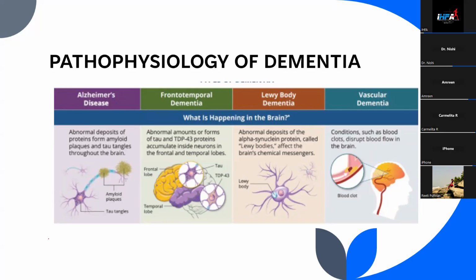So, as you can see in this picture, why dementia happens basically. As I told, dementia is an umbrella term. In that, we have different types. One is Alzheimer's. In Alzheimer's, in our brain, as we know, we have white matter and gray matter. There are abnormal depositions. Abnormal means normally there is no deposition.